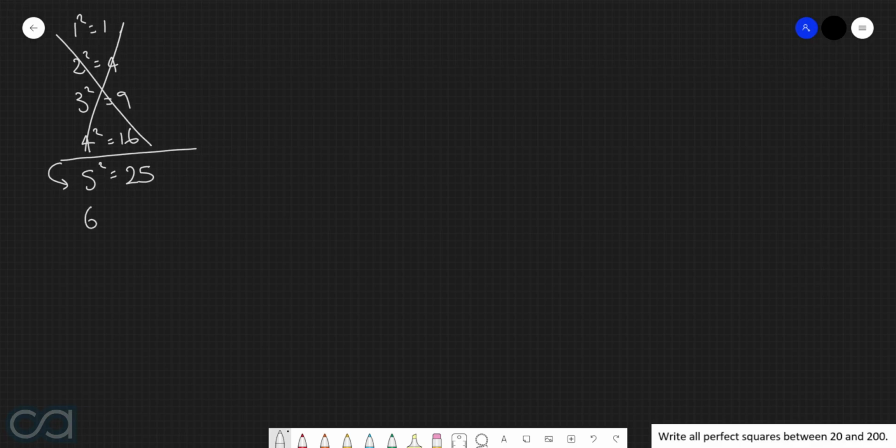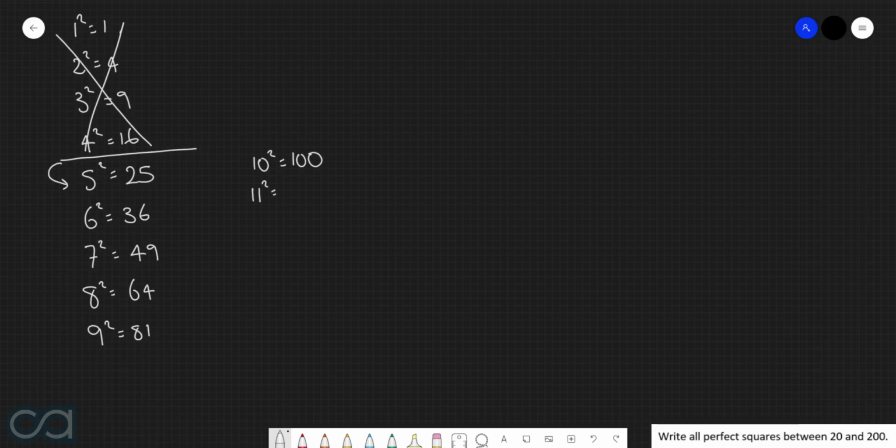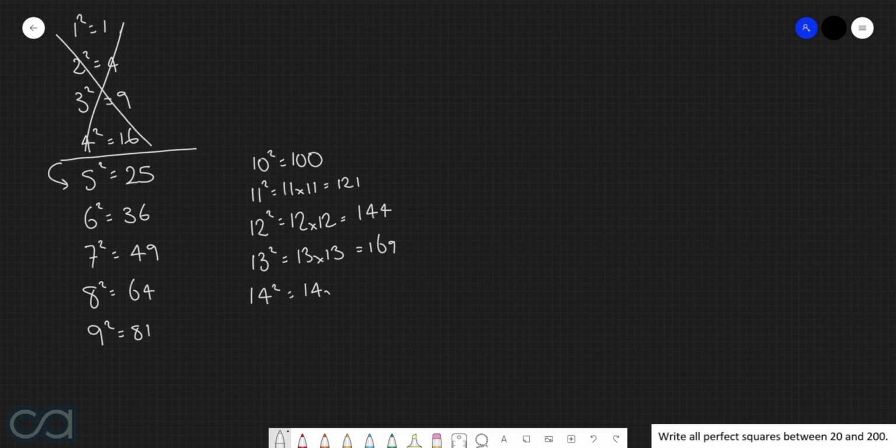So the next one will be 6 squared, which is equal to 36. 7 squared is 49. 8 squared is 64. 9 squared is 81. 10 squared is 100. 11 squared is equivalent to 11 by 11, which is 121. 12 squared is 12 by 12, which is 144. 13 squared is 13 by 13, which is 169. 14 squared is 14 by 14, which is equal to 196.